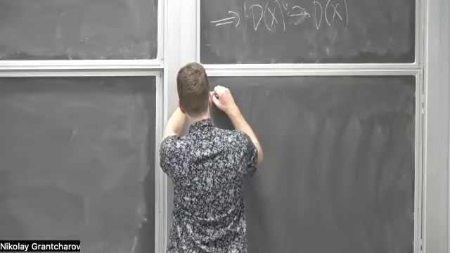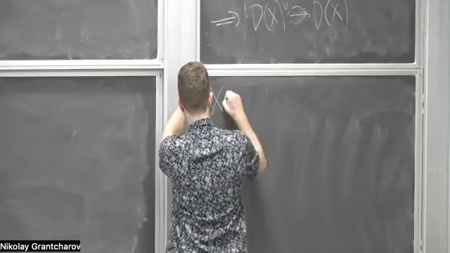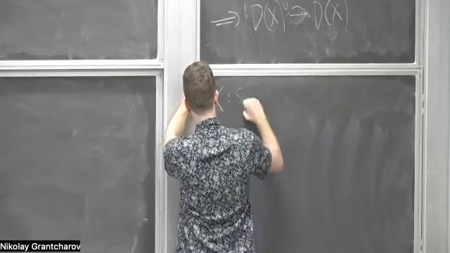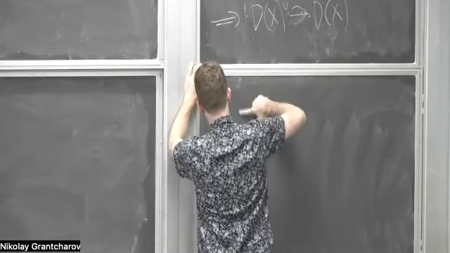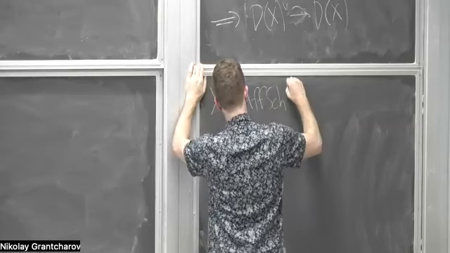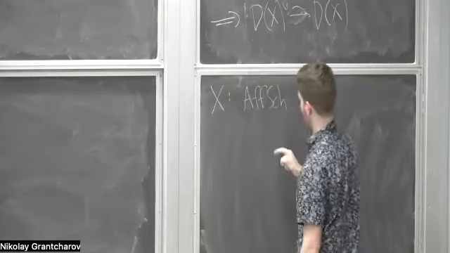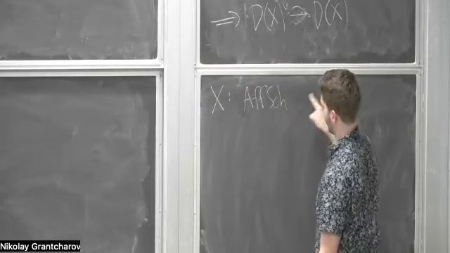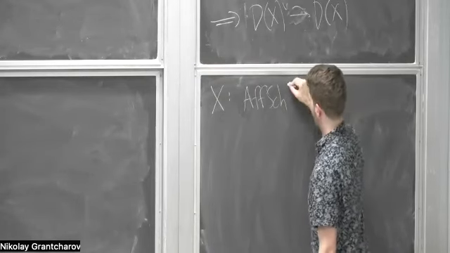So let's say I have a prestack. Typically, I said it would be a contravariant functor from affine schemes to groupoids.